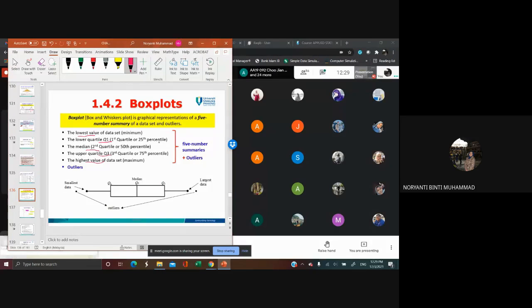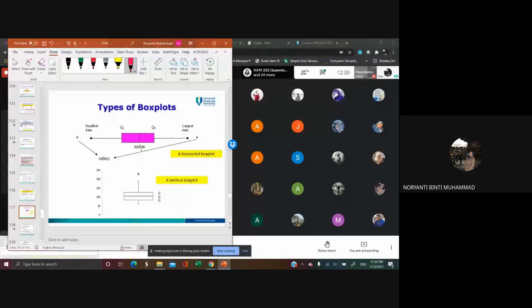So Q1, Q2, Q3 will make the box. And then the whiskers go from here to the largest, from here to the smallest data. Okay, this is horizontal. You also can have a vertical box plot like this. Usually here is smallest value to the largest.